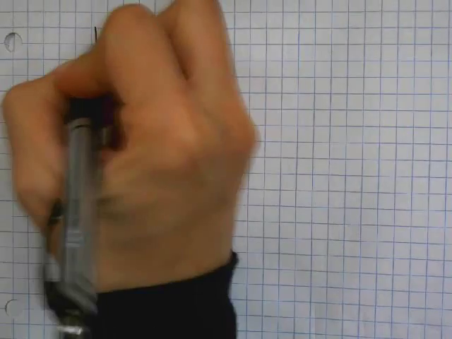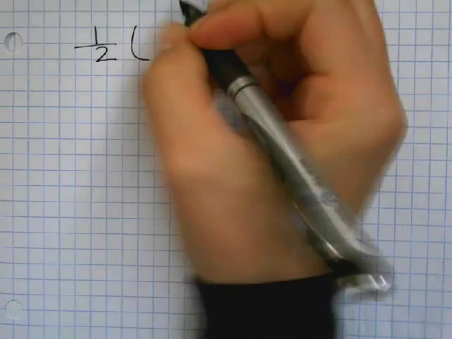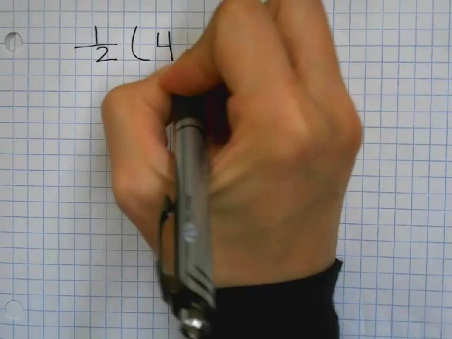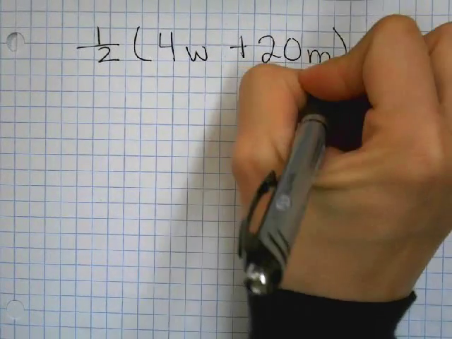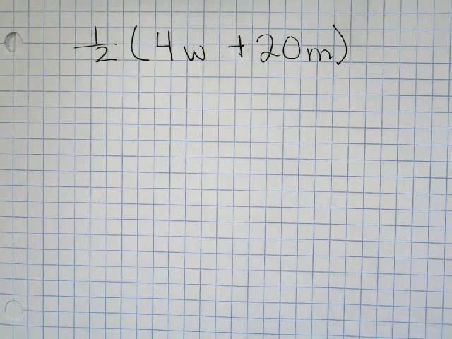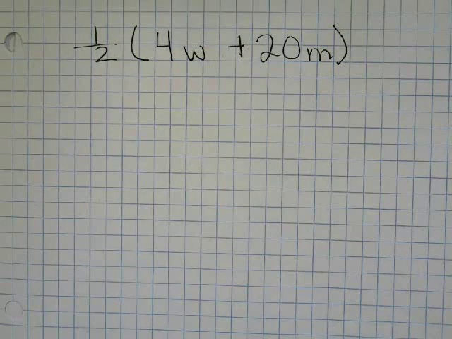Now, quickly, guys, I showed you 1/2 of 4w plus 20m. What do you guys remember yesterday about the 1/2? It's always half of your numbers, right?